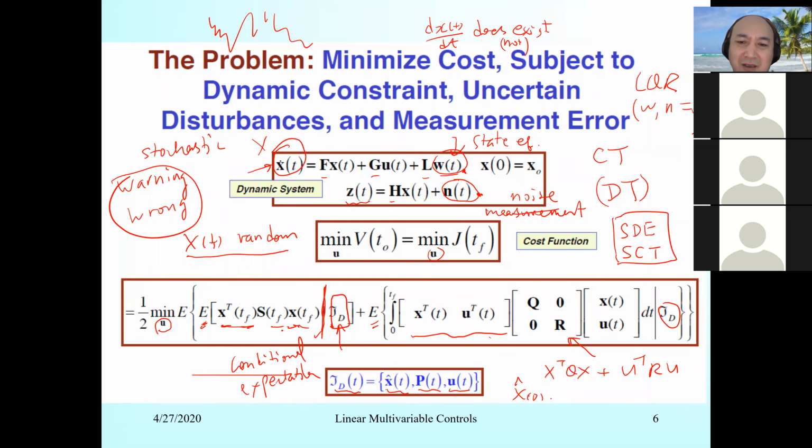These are random as well; by evolving, it's random. That's why we need another expectation to account for the randomness. So everything in J is a deterministic scalar, a mean in an average sense.